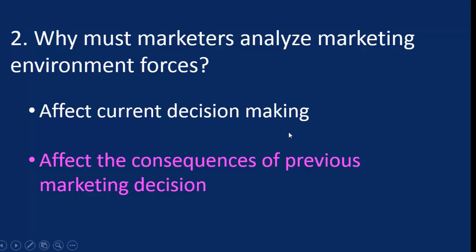And so you have to recognize that in some cases, some of these people got kind of lucky, and others got sort of unlucky, because although there was this kind of impact due to these changes in environmental forces from 90 days ago, they weren't predictable. That can happen. These are the two major reasons that we're very much concerned about understanding some of the effects of the marketing environment variables.